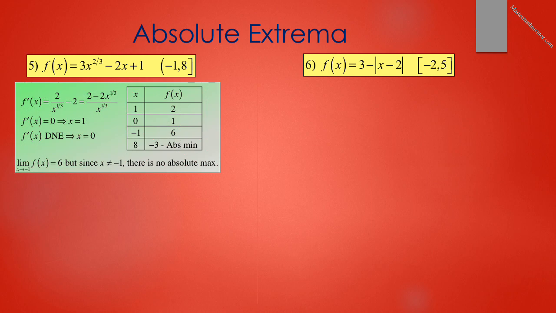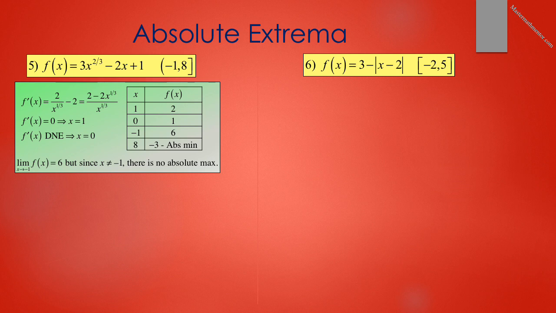Number 5 reads 3x to the 2/3 minus 2x plus 1 on the half closed interval -1 through 8. Taking our derivative, we get 2 over x to the 1/3 minus 2. It is best to work this with a common denominator, so we have 2 minus 2x to the 1/3 over x to the 1/3.